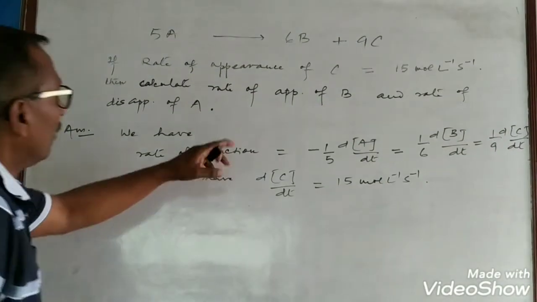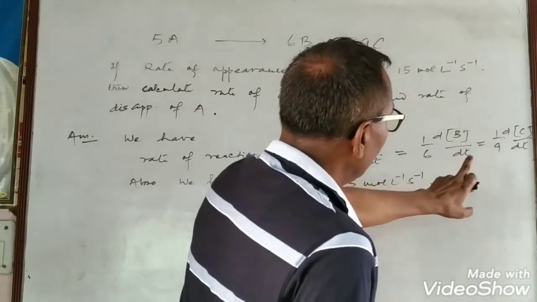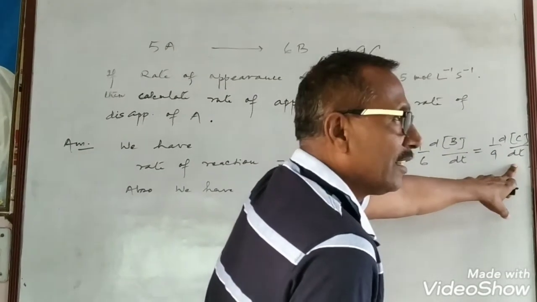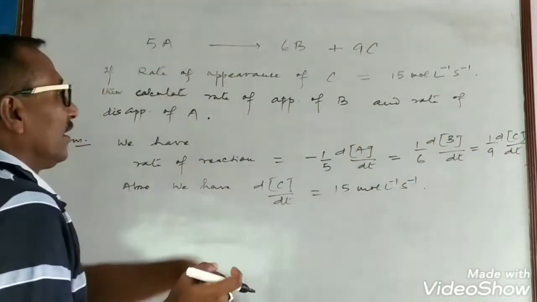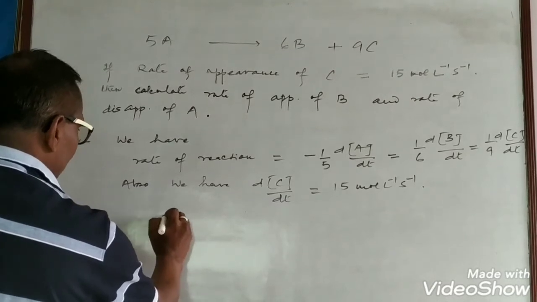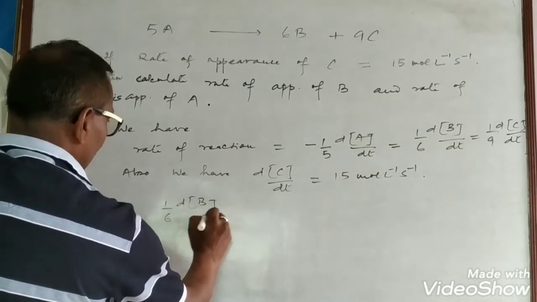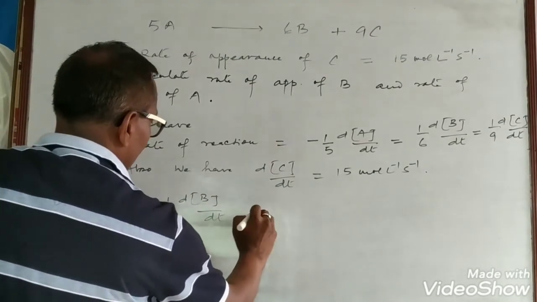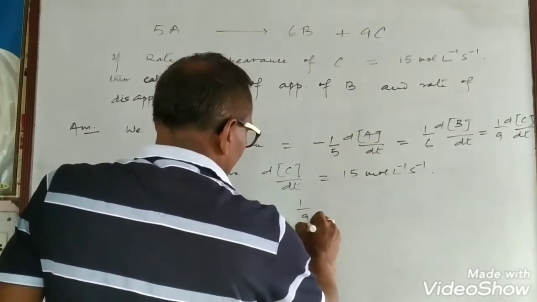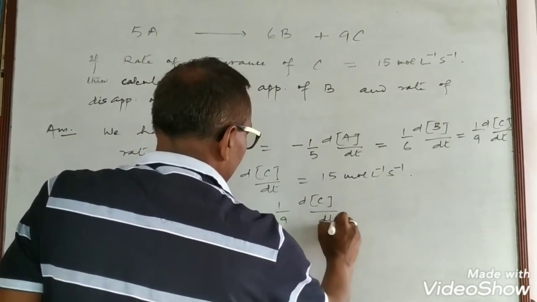Now, first we have to calculate the rate of appearance of B. Then we consider these two parts, I mean the relation in B and the relation in C. B with C. So we have 1 by 6 d B by dt is equal to 1 by 9 d concentration C by dt.